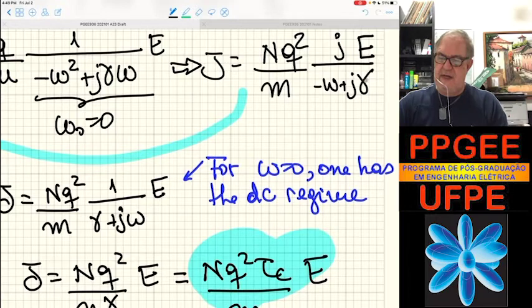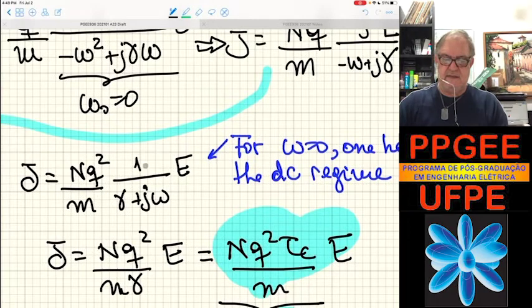If you divide by j here, it's going to be gamma. If I multiply by minus j on numerator and denominator, that's what we get, this response. So this is a complex conductivity. That's how it would be, in fact. But in the DC regime, omega equals 0, then we have this relationship here.